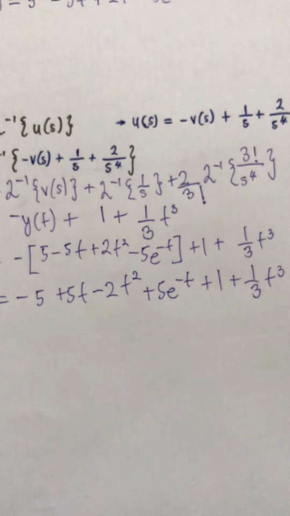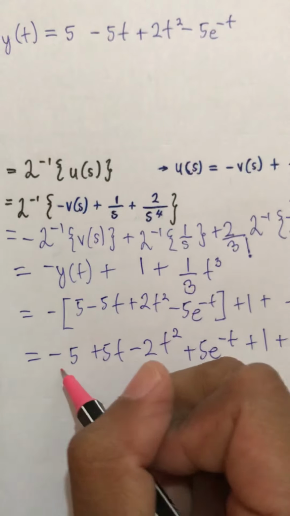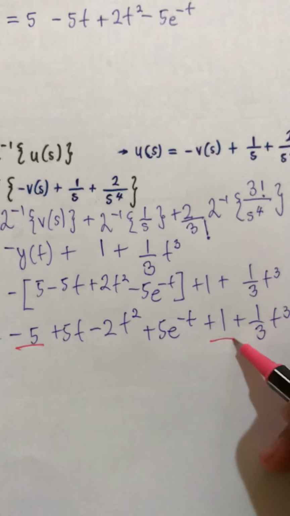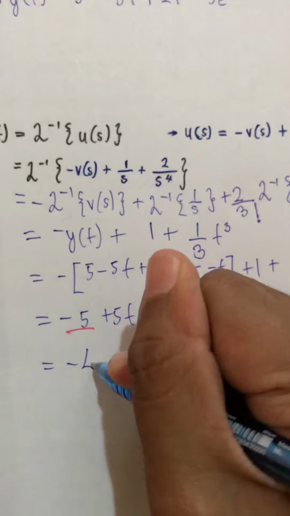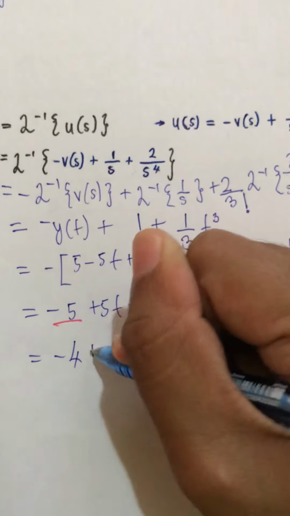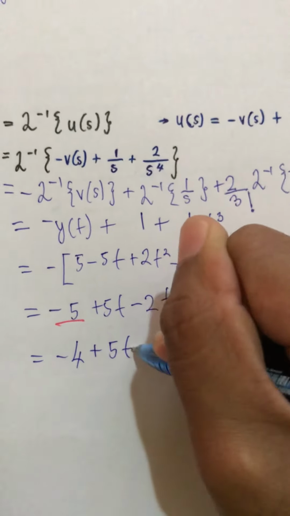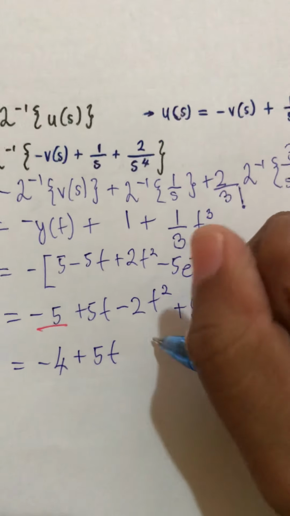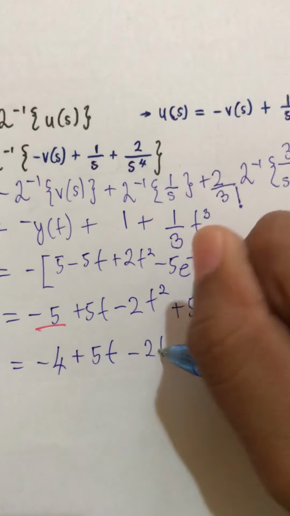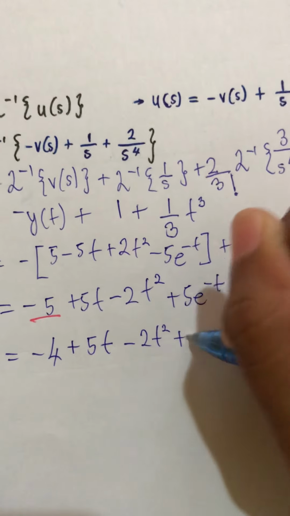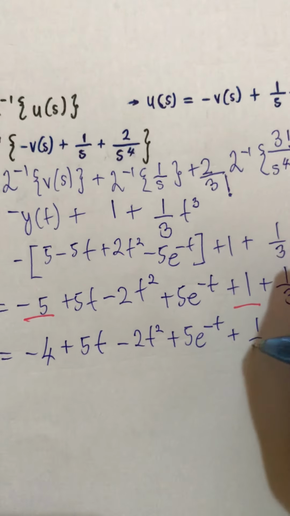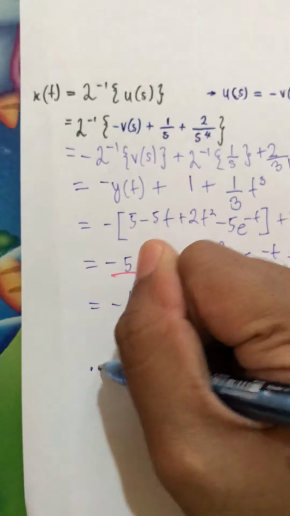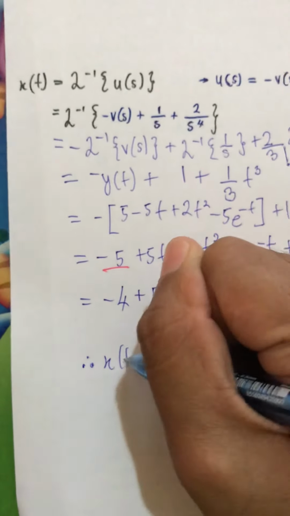So I take here minus 5 and then plus 1, so we get minus 4, plus 5t minus 2t squared plus 5 exponent of minus t plus 1 over 3 t cubed. So here we get our final solution for xt.